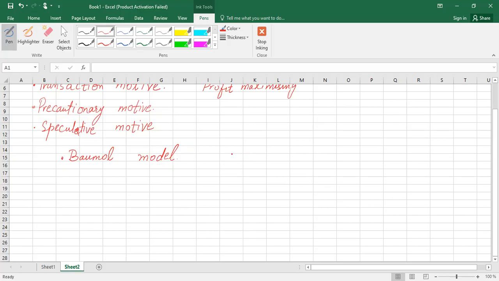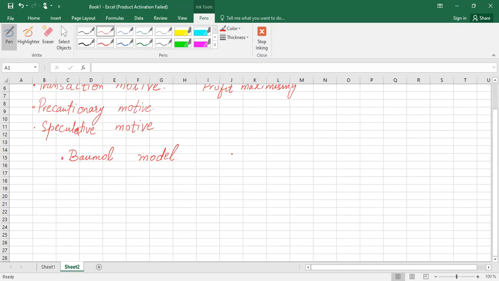When we calculate economic order quantity, we say that the company should hold sufficient inventory, meaning profit maximizing inventory. Similarly, here we should have what?